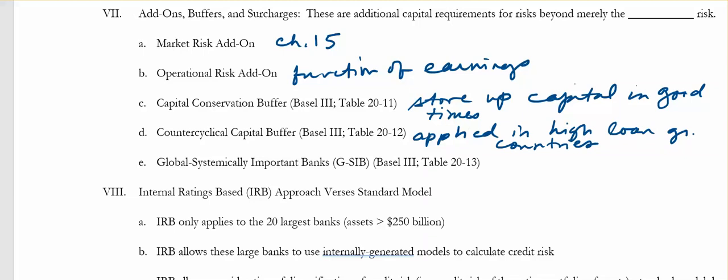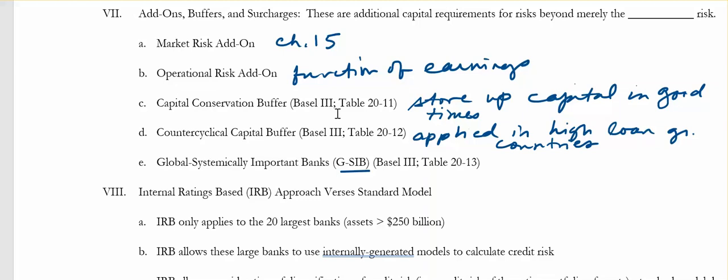And then there's a surcharge for global systemically important banks. They have to hold more capital because if they fail, they're going to have such a drastic impact on the entire world that they need to just hold more capital just because they're so systemically important.